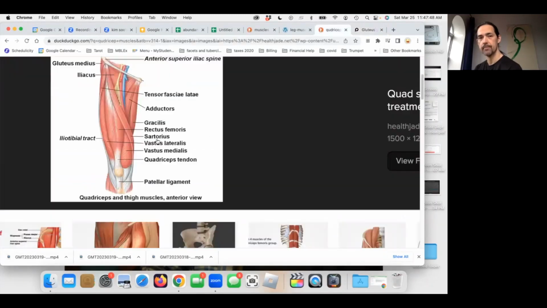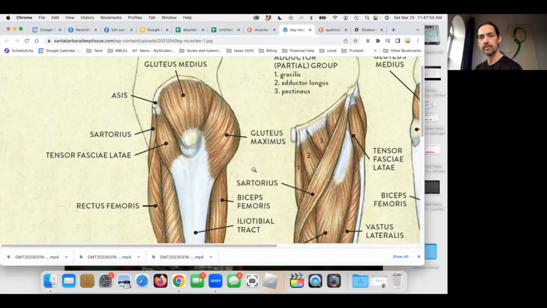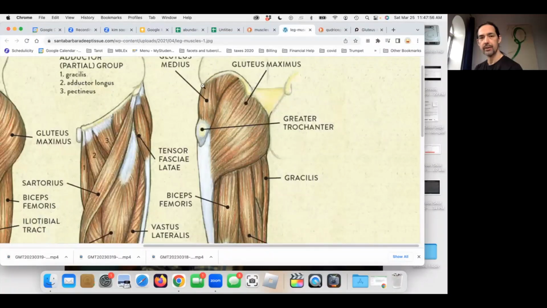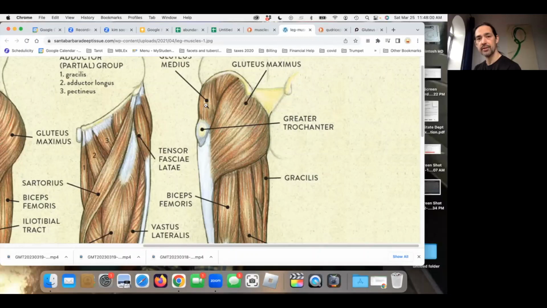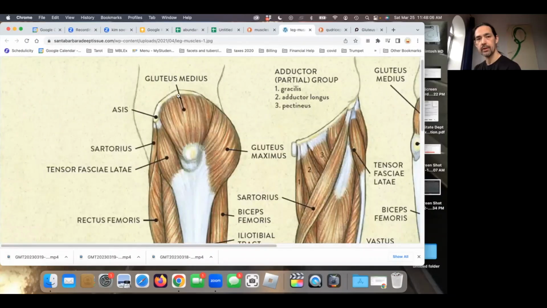Let's look at those again. Here's from the back, the glute med and the glute max. And underneath this glute med, almost the same shape as the glute med, would be the glute min.